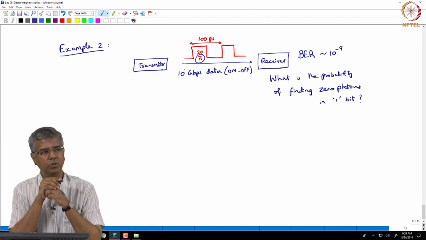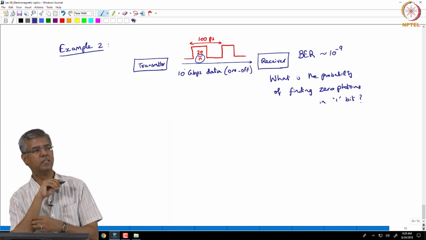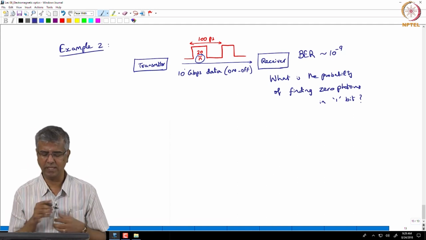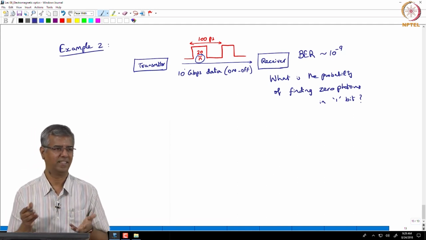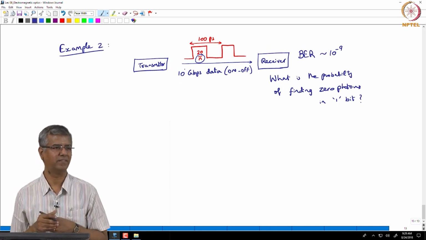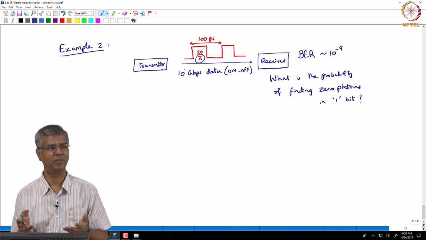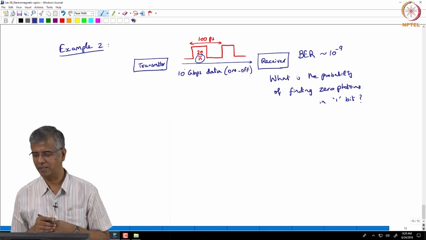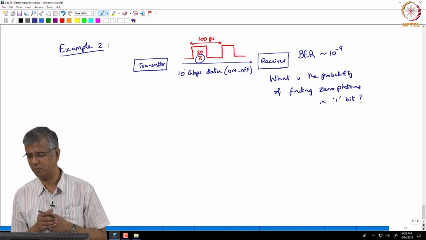What is the probability that you do not have any photons in that 1 bit at the receiver? You think if I am sending 20 photons, something has got to be there. So you would say that it is impossible that you will have 0 photons, but we will look into that in a little more detail now.